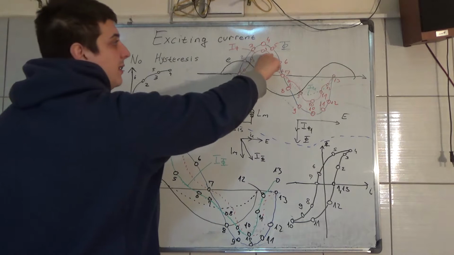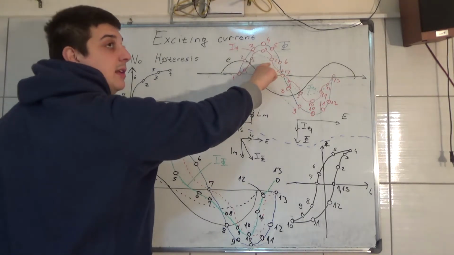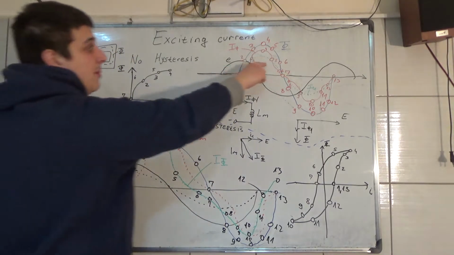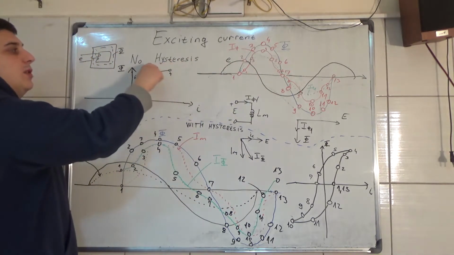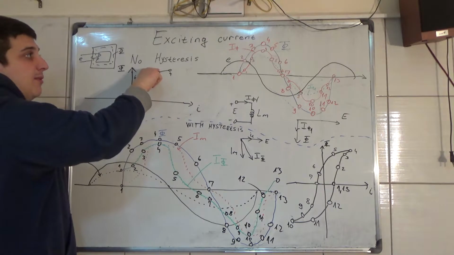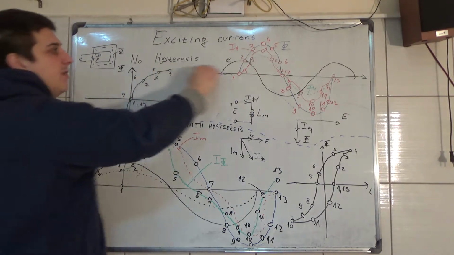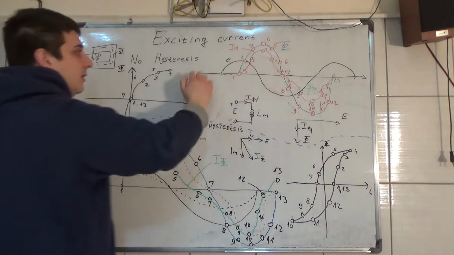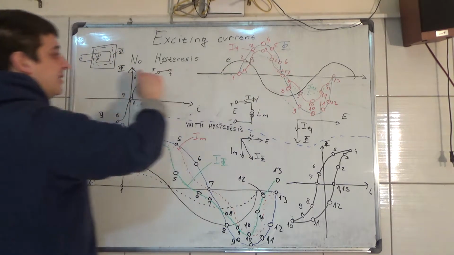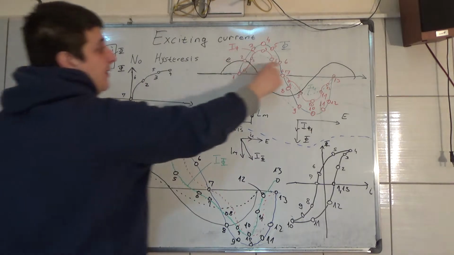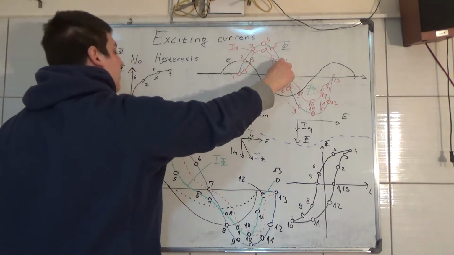Now the exciting current decreases to number 5. Also the magnetic flux decreases to the value number 5. So number 3 and number 5 are at the same amplitude. Also the current decreases to point 6. The flux decreases in its own way to number 6.